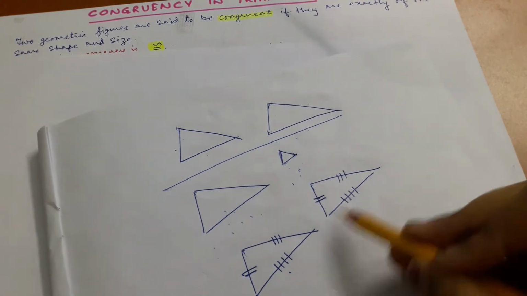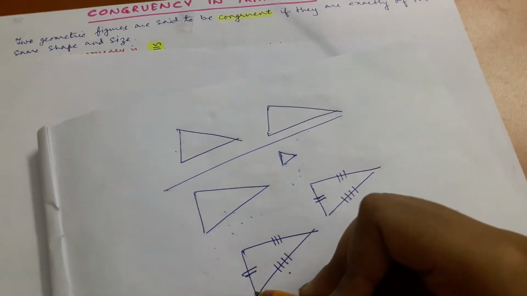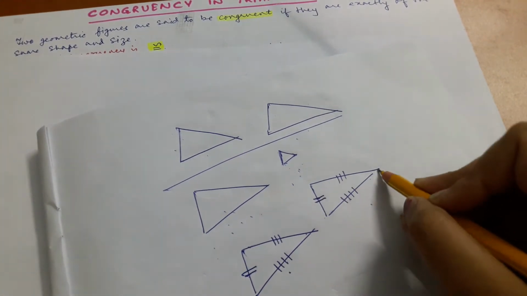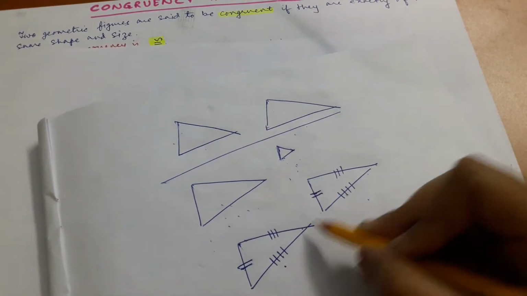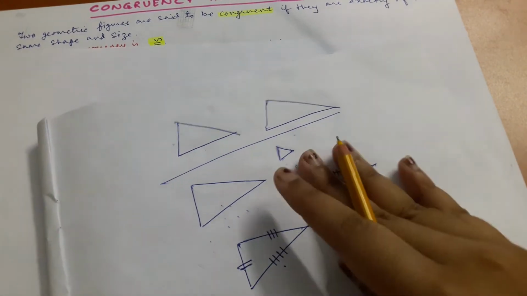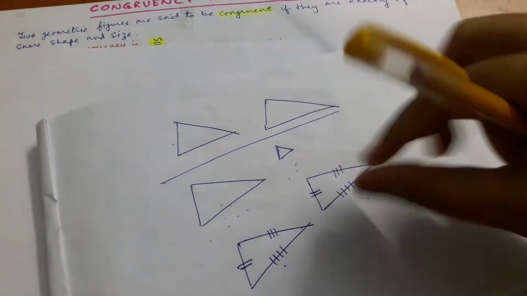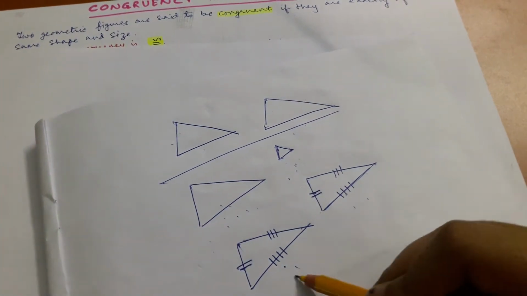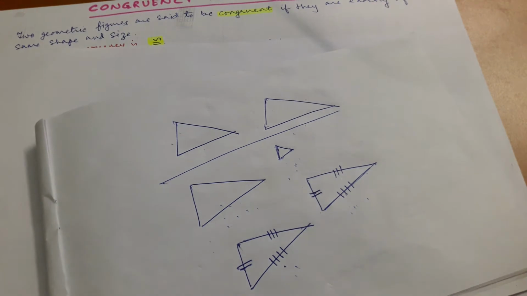So for these two triangles, see, this side matches with this side, similarly this side matches with this side, and in the same manner this side also matches with this side. So I can superimpose this triangle over this triangle. So these two triangles can be called congruent.